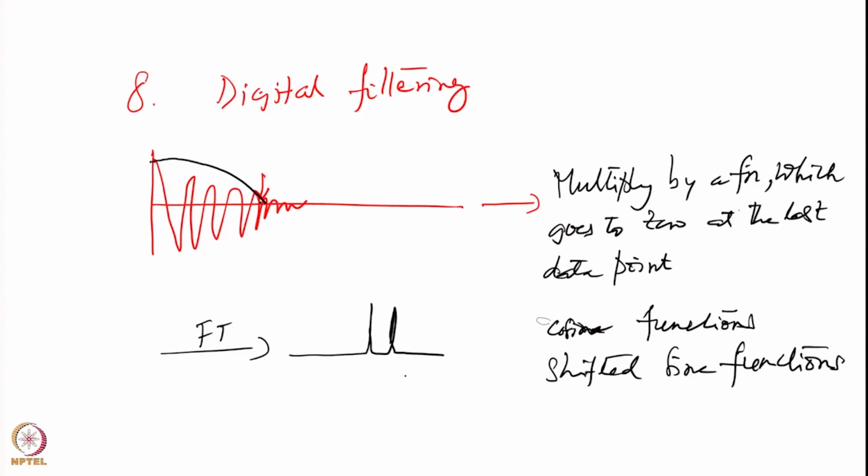The function has to be 0 at the last data point you collected. There are also what are called Lorentz-Gauss functions. We need not discuss this in greater detail, but these are routinely available on the spectrometers, so one can optimize which function to use and how much to use.